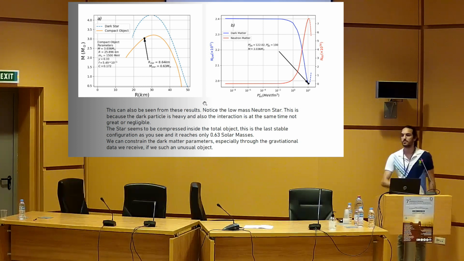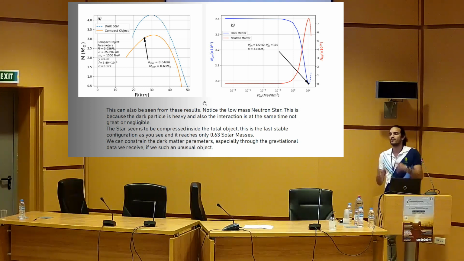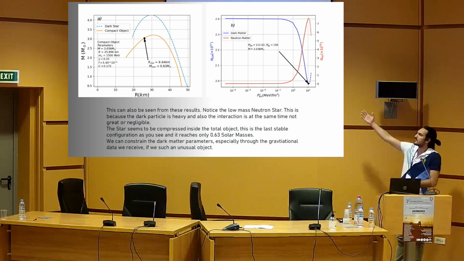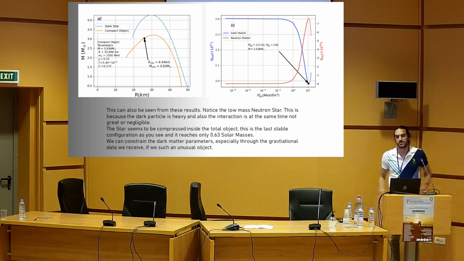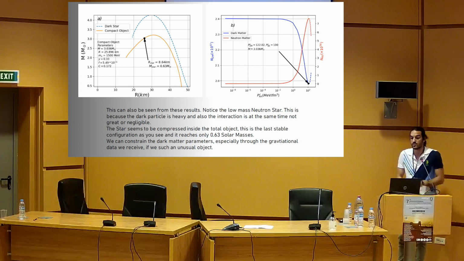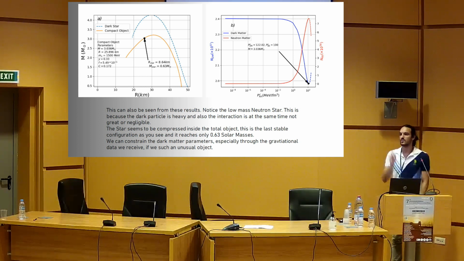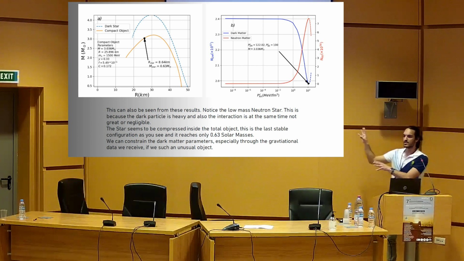So we have to be extra careful because we cannot overdo it, and we will see very small neutron stars that we believe don't exist.